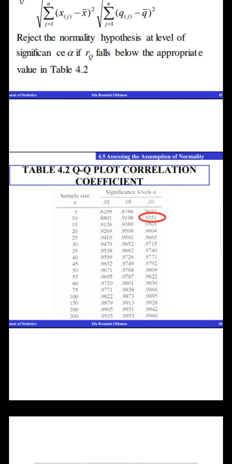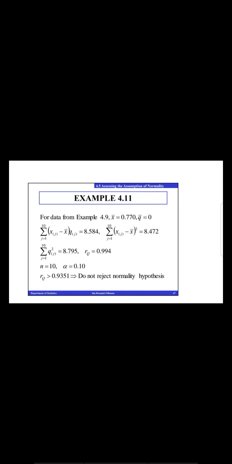So in our example tadi, our sample size adalah 10 and our alpha kita gunakan 0.1. So the value of critical point adalah 0.9351. So because of that, here we compare the value of RQ with the critical point 0.9351.